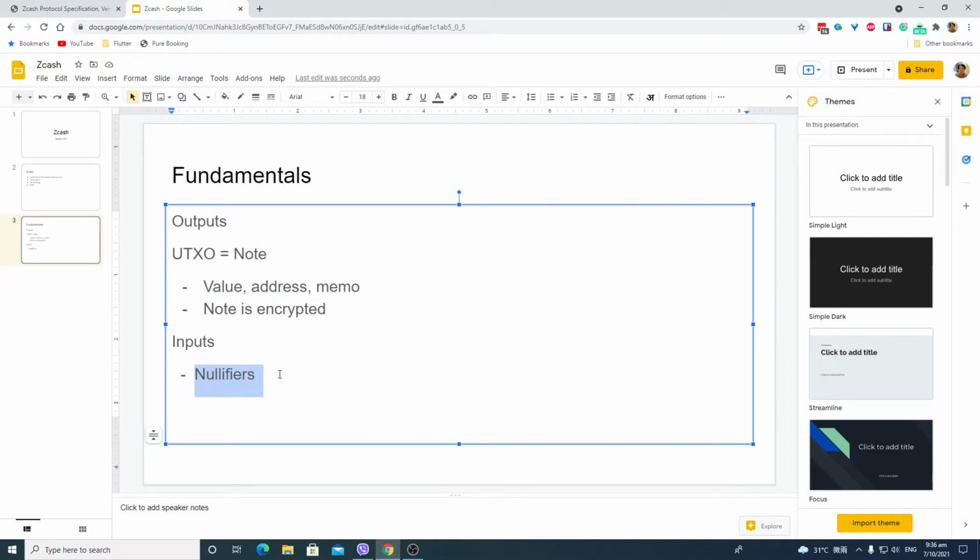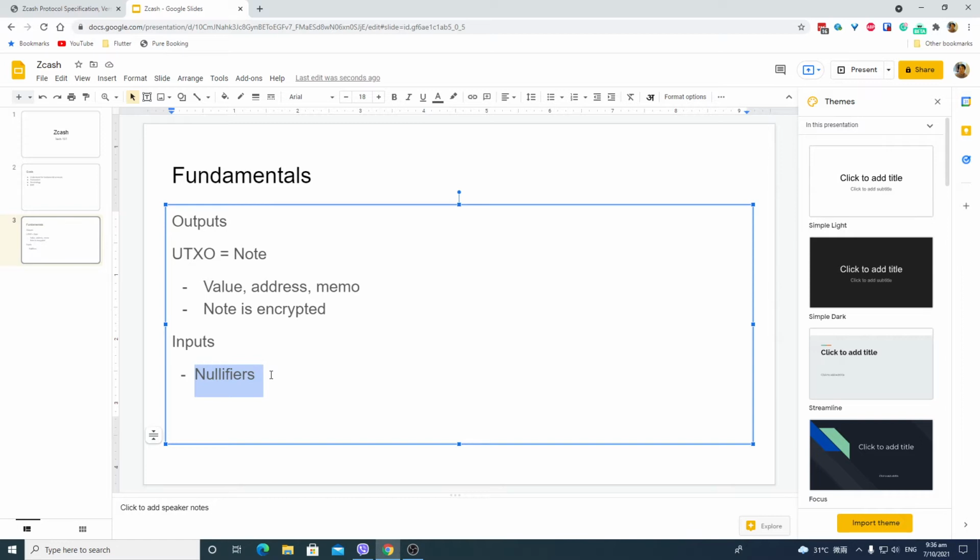Let's take this with a grain of salt until later, where we'll clarify exactly what keys we're talking about. But for the moment, as a simplification, if you're not the account owner, the person who receives the node, you will not be able to create the matching nullifier.